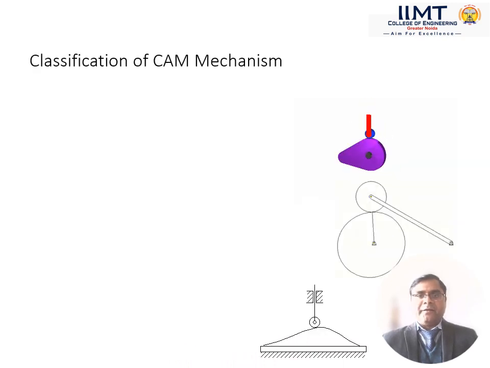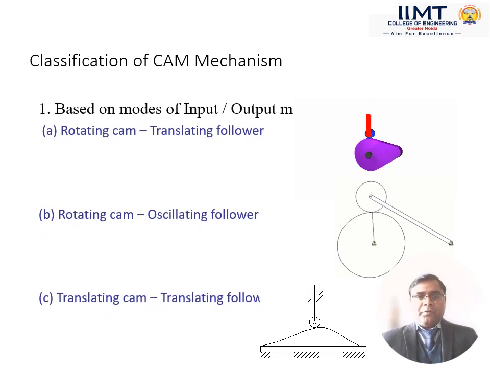Classification of the cam mechanism. Based on the modes of the input and output motion, cams are classified as rotating cam with translating follower, rotating cam with oscillating follower, and translating cam with translating follower.